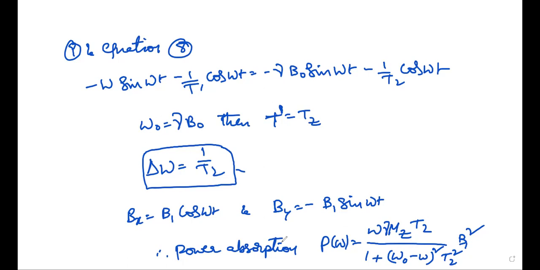Then the power absorption P of omega is equal to omega gamma Mz T2 by 1 plus (omega naught minus omega) whole square T2 square, B1 square. That is the solution for Bloch's equation, and we already explained the Bloch equations of motion. Okay, thank you students.